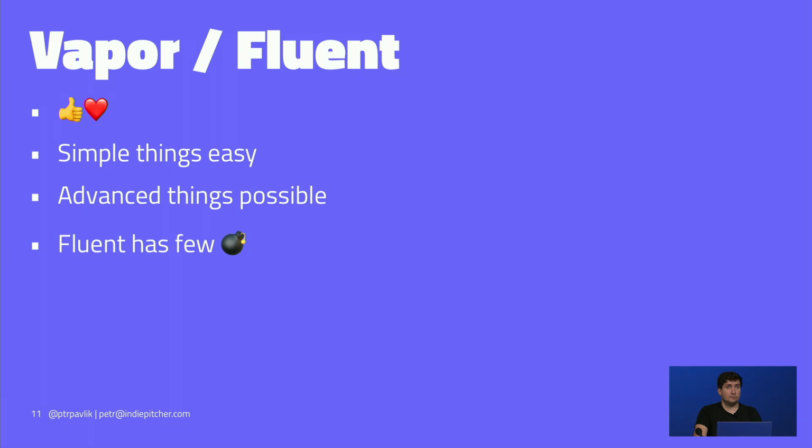Then Fluent. Fluent is great. I like using it, but it has a few gotchas. I would say all or almost all of the crashes that I've experienced were in Fluent because it has these fatal errors, especially around eager loading, when you have two tables and you want to load something from a different table.